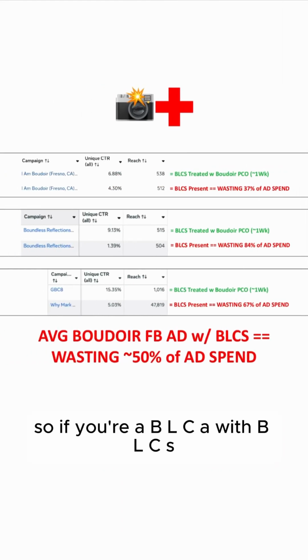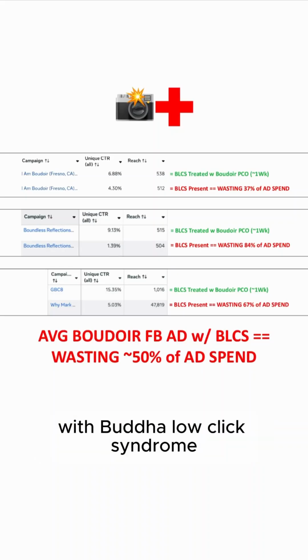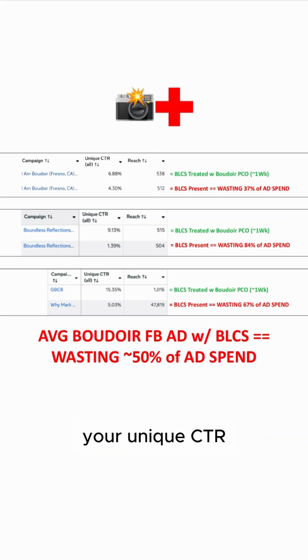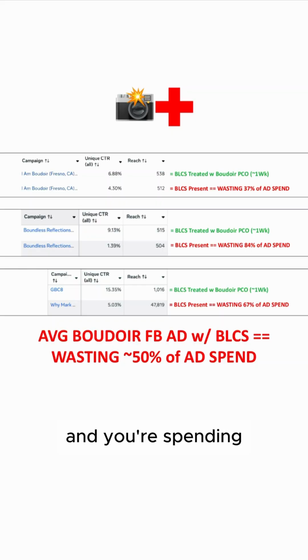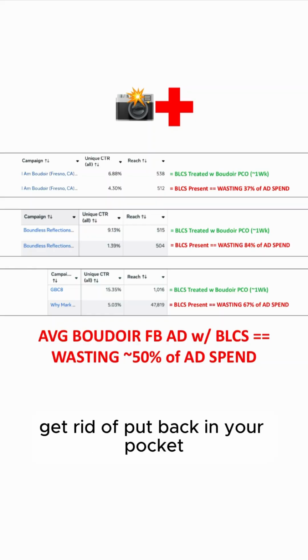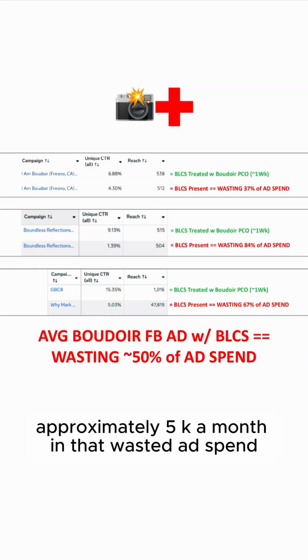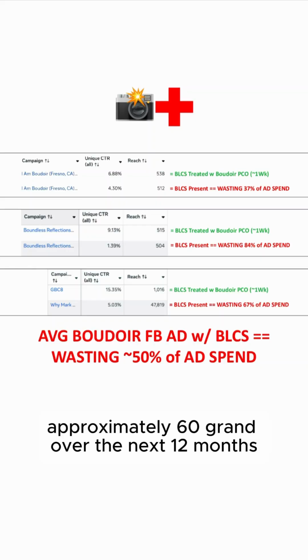So if you're a BLCA with BLCS, so if you're a Boudoir low click advertiser with Boudoir low click syndrome, your unique CTR of your Boudoir Facebook ads is under 6%, and you're spending more than 10 grand a month on Boudoir Facebook ads, and you actually want to eliminate, put back in your pocket approximately 5K a month in that wasted ad spend, approximately 60 grand over the next 12 months.